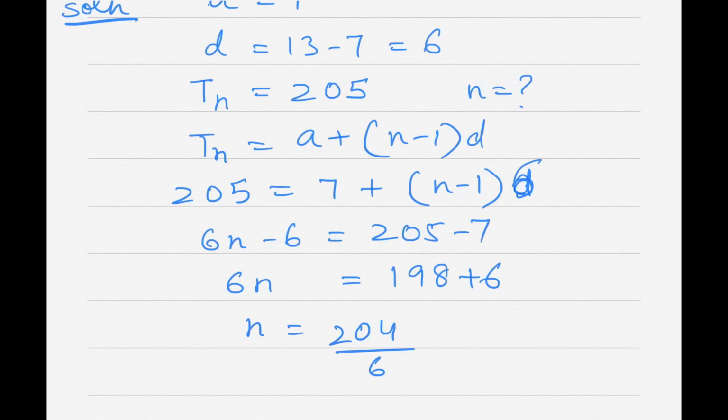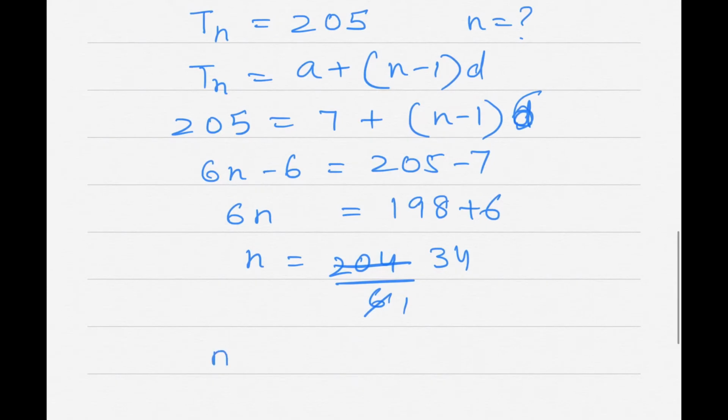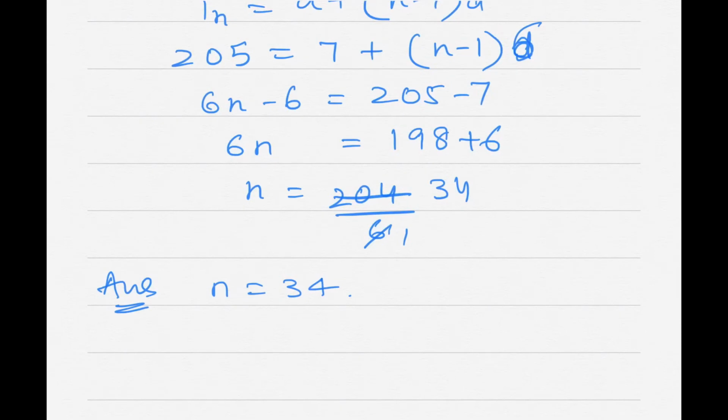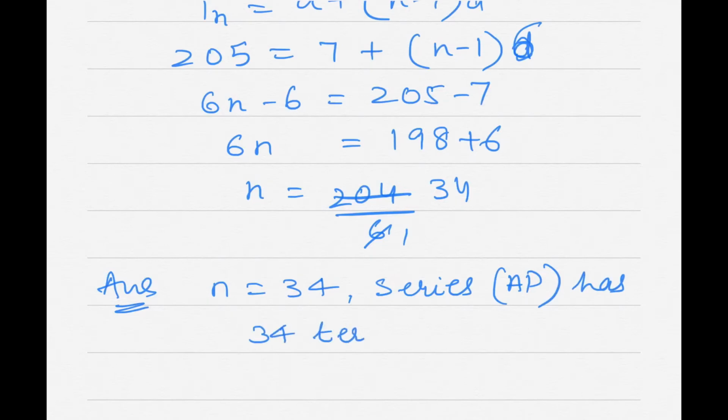So does it go by 6? Yes. 6 3 times is 18, and 4 times this, so n is equal to 34. So that's my answer. So this AP has 34 terms.